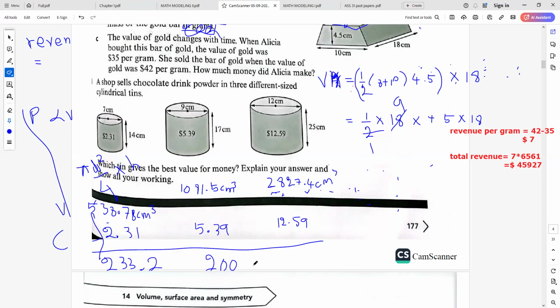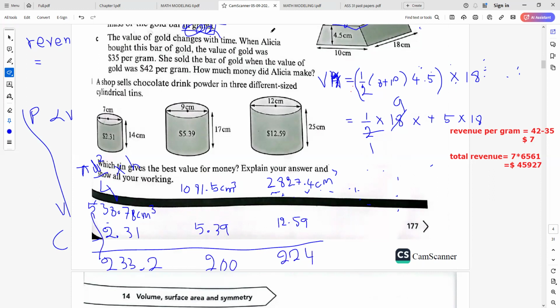And here, 2827 divided by 12.59 gives 224.